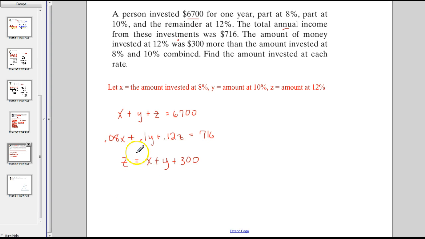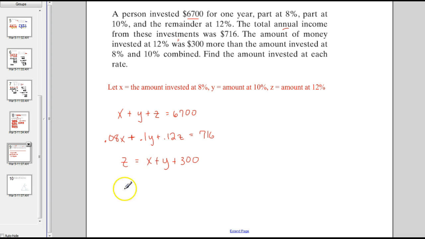Okay? Now, these first 2 are in that AX plus BY plus CZ equals D form. So we're going to make this last one look like that as well. And the way we're going to do it is by either moving the X's over to join Z, or you can move the Z over and then the 300 over.